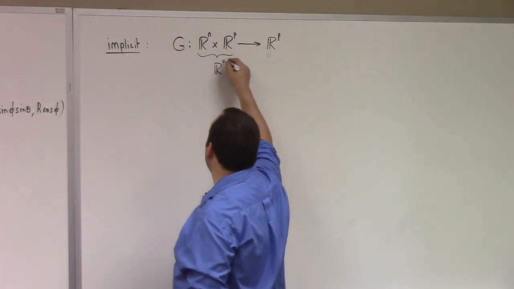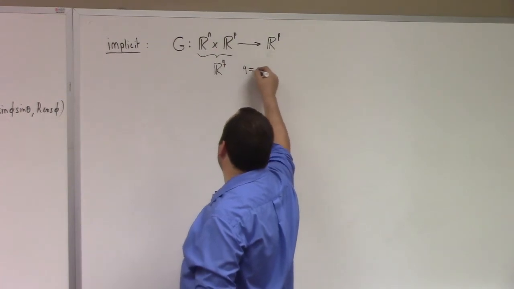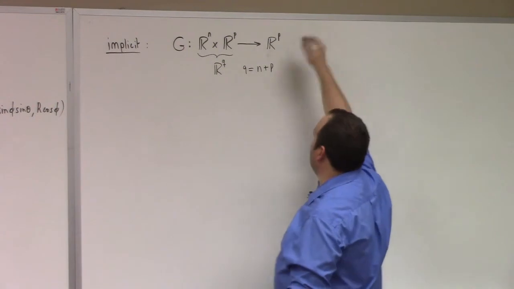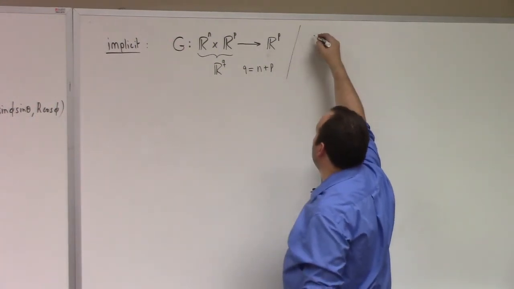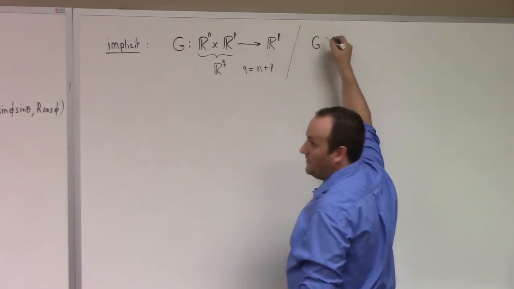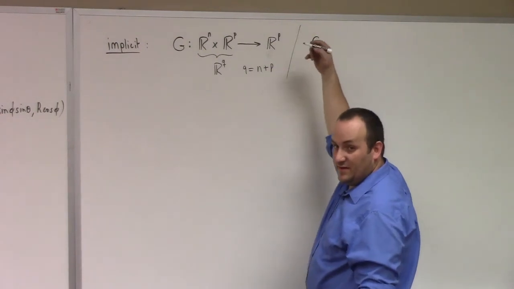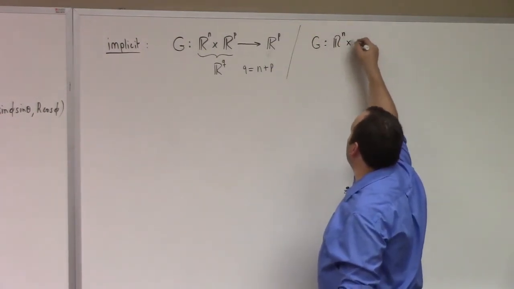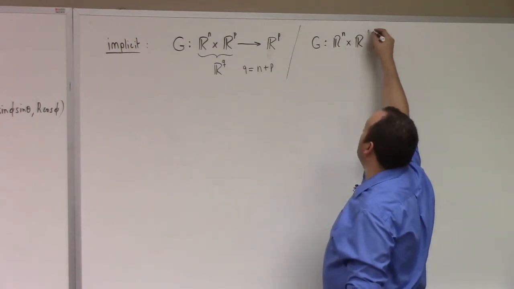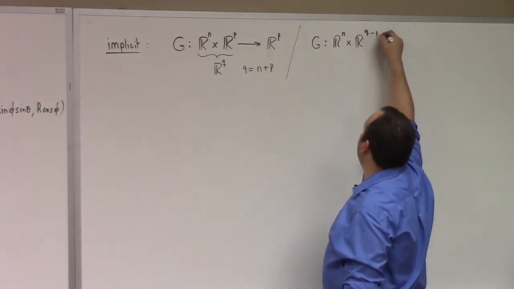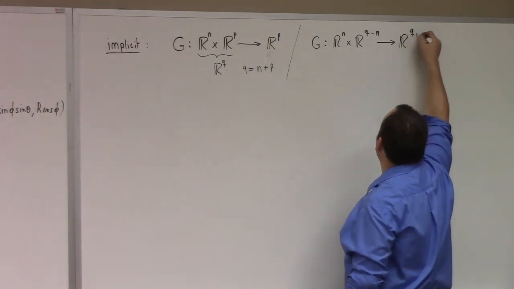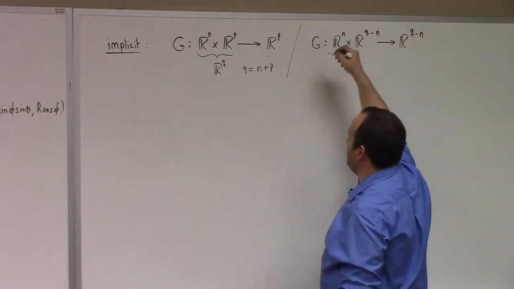So Q is equal to n plus P, right? If we want to write this without this artificial P, in terms of the manifold dimension and the ambient dimension, this should be G going from Rn cross Rq minus n to Rq minus n. And that helps illustrate the idea.